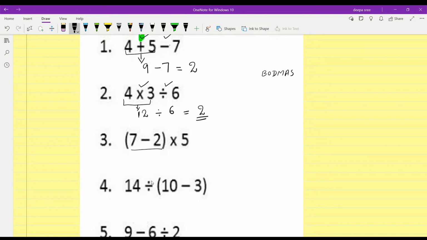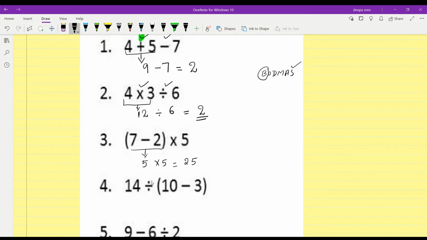Inside the bracket there is subtraction. Here subtraction is the last operation, but inside the bracket you have to simplify first. Inside the bracket it is 7 minus 2, which gives 5. 5 into 5 is equal to 25. Our third question is finished.